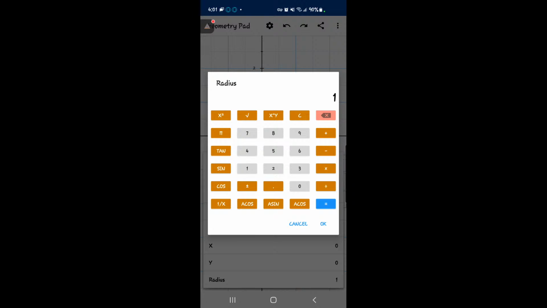So 1 plus the square root of 5 equals that, and divided by 2 equals that. Right?